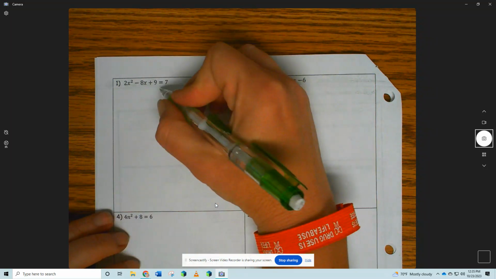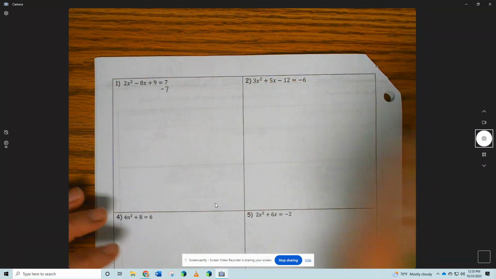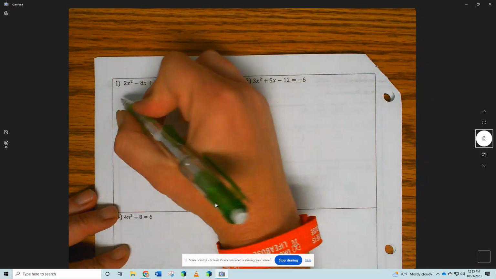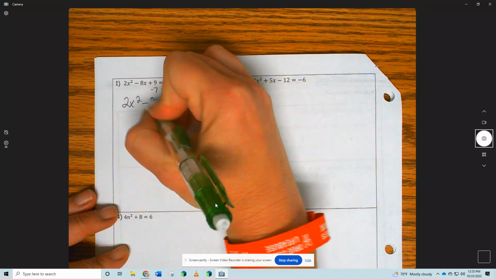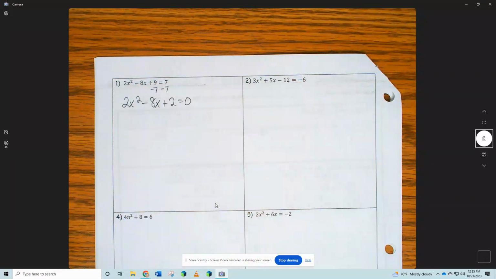Move the 7. The 7 goes with what? What's its like term? The 2, the 8, or the 9? The 9, because they're both just constants. Here's my math problem: 2x squared minus 8x plus 2 equals 0.